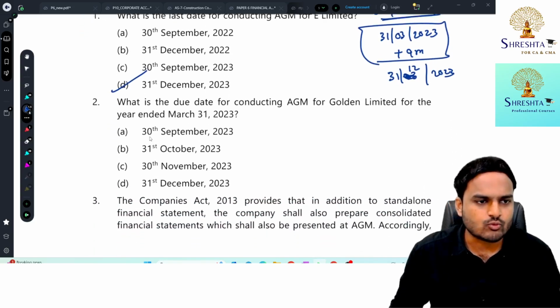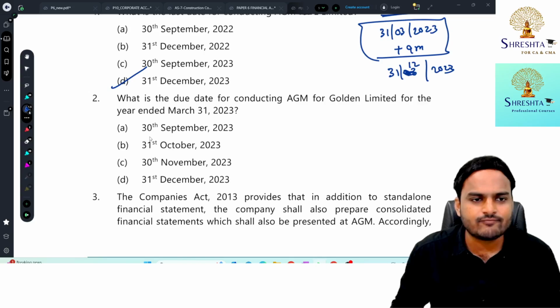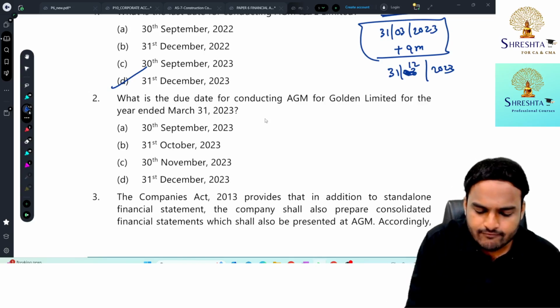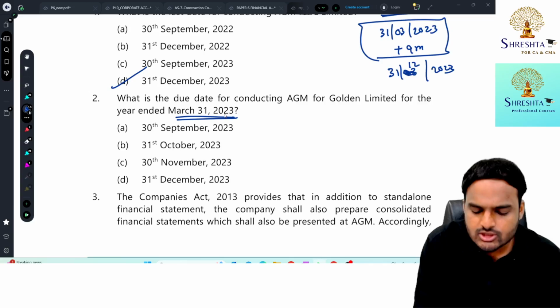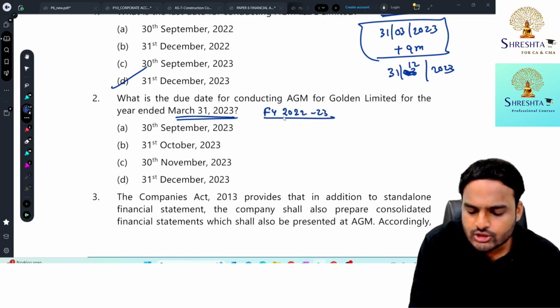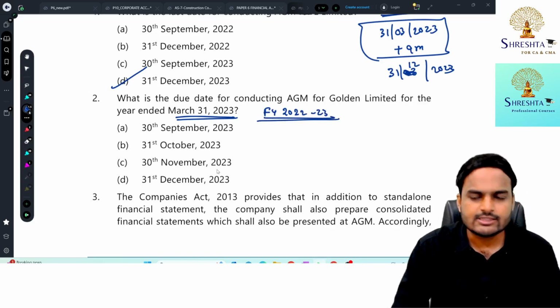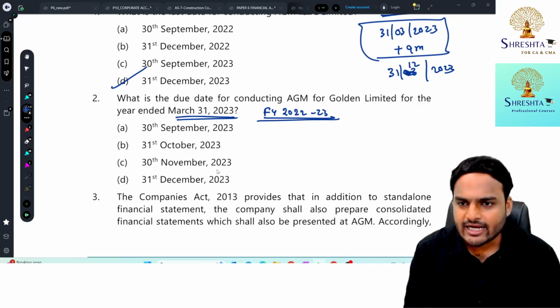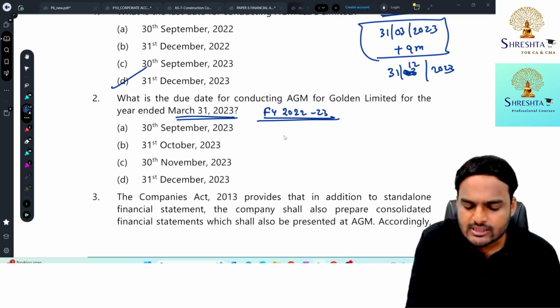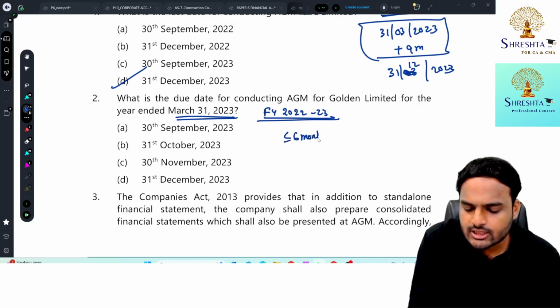Clear? Next, what is the due date for conducting AGM for Golden Limited for the financial year ended March 31st, 2023? With respect to financial year 2022-23, they are asking the due date of AGM. Subsequent AGM shall be conducted within 6 months from the closure of financial year.